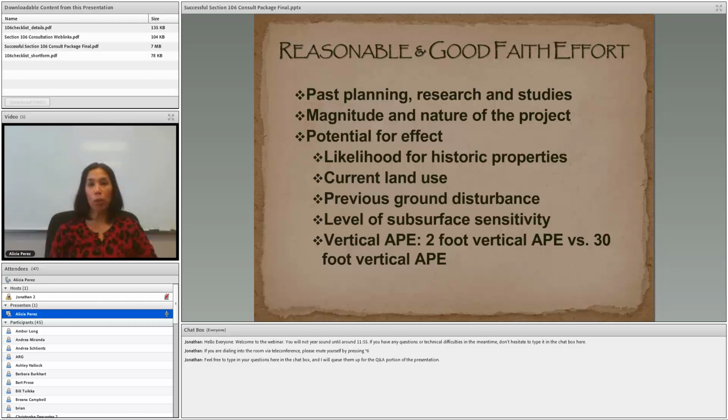Previous ground disturbance, so perhaps it's a built environment with ground disturbing activities 2 feet below the surface, and your vertical APE, does it go beyond 2 feet? If not, perhaps you don't have to do a subsurface sensitivity analysis. And of course, a 2-foot vertical APE versus a 30-foot vertical APE is a huge difference. So your level of effort is definitely going to be different for 2 feet versus 30 feet.